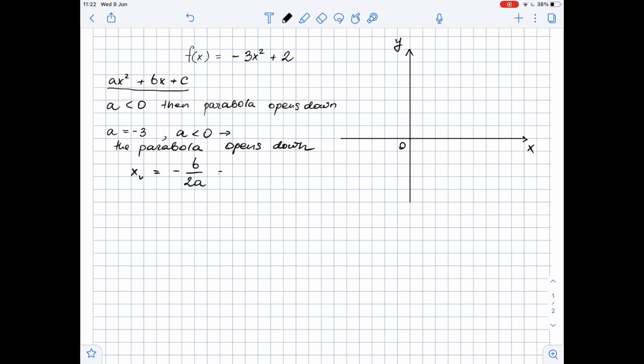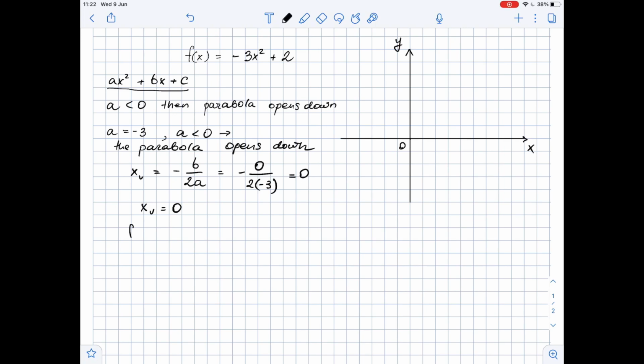So we get negative 0 over 2 times negative 3, and obviously this whole thing is equal to 0, which means that the x-coordinate of the parabola's vertex is equal to 0.